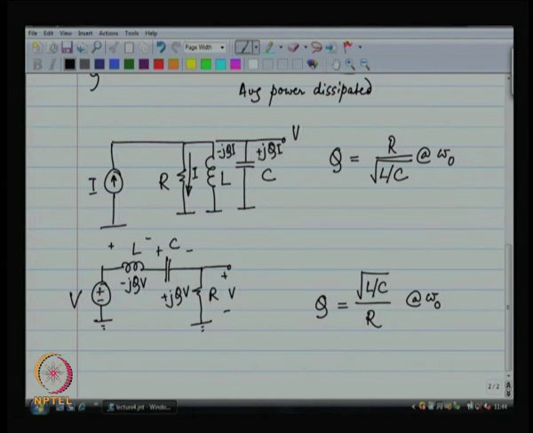Not exactly sure which is plus and which is minus, but it does not matter.